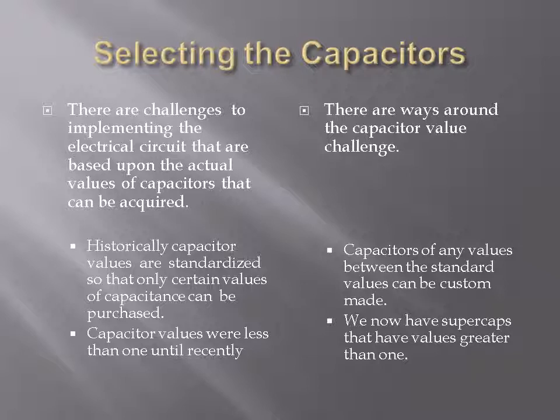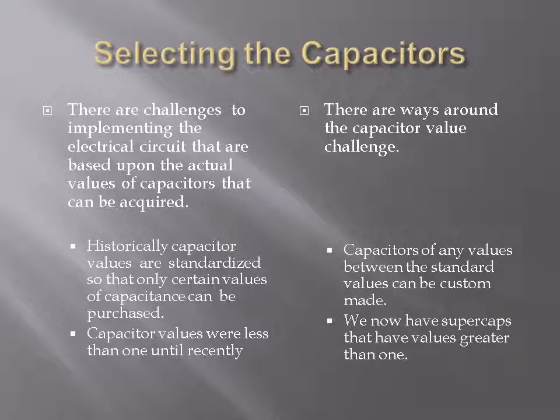It is similar to the situation that you have with resistance. Also, these standard capacitor values were generally less than 1 in magnitude. They were a fraction of 1 farad. Now there are ways around these two challenges.